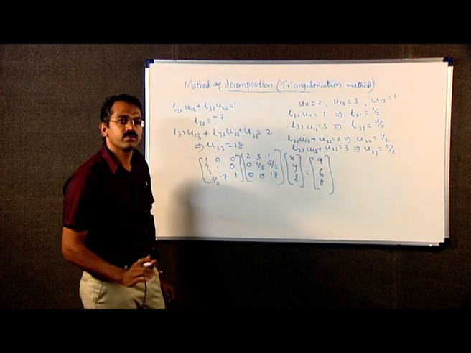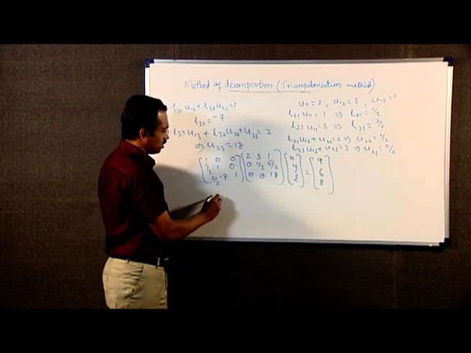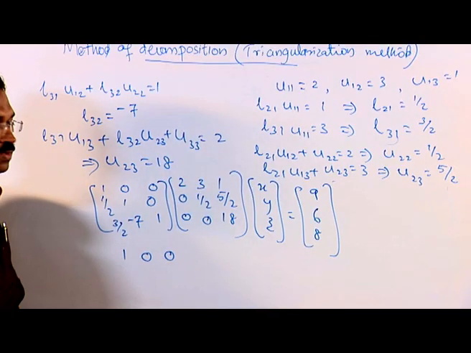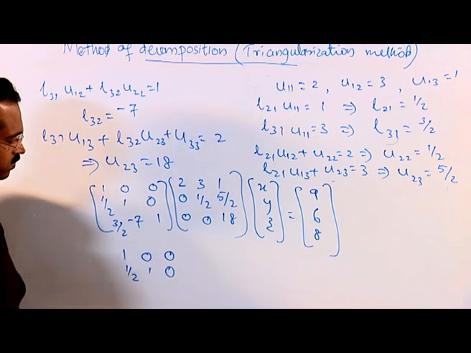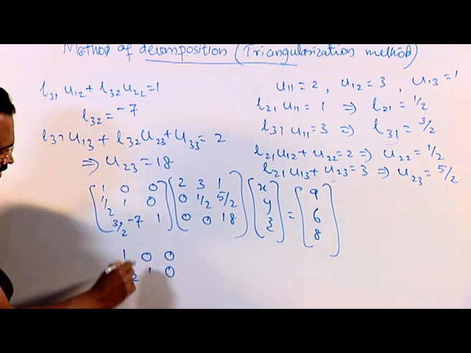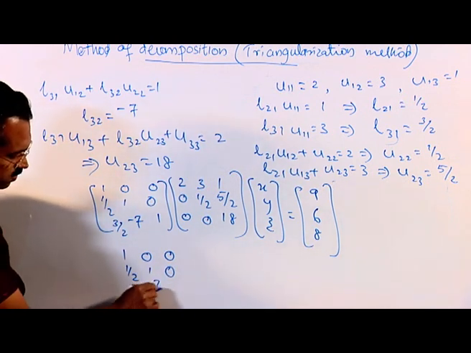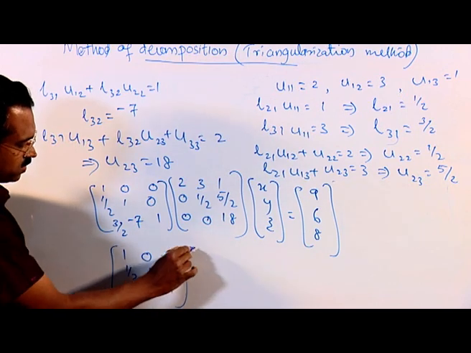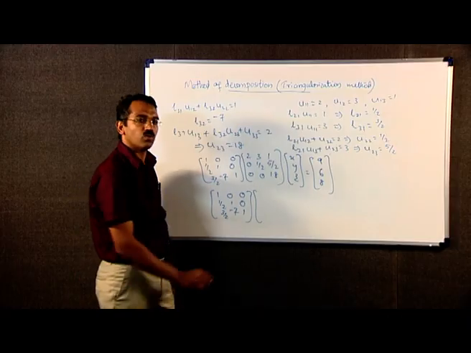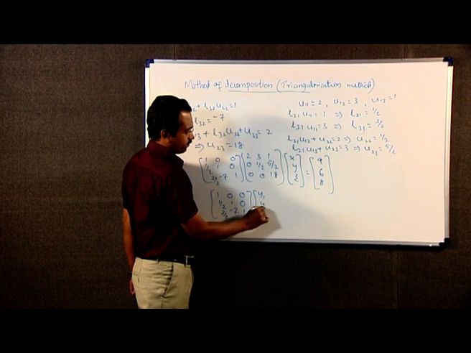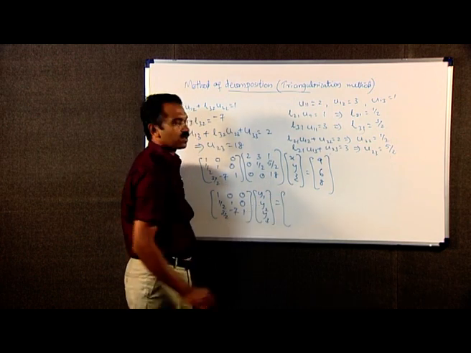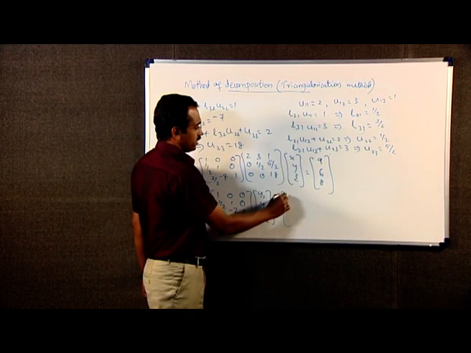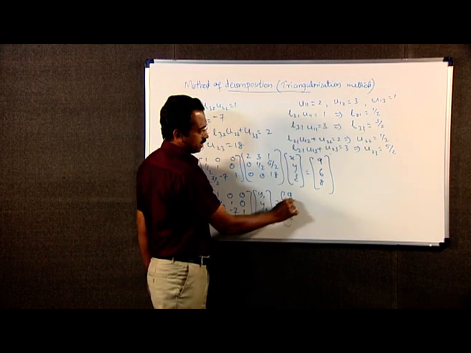That is, 1 0 0, 1 by 2 1 0, 3 by 2 minus 7 1, this matrix into y1 y2 y3 is equal to the column matrix 9 6 8.